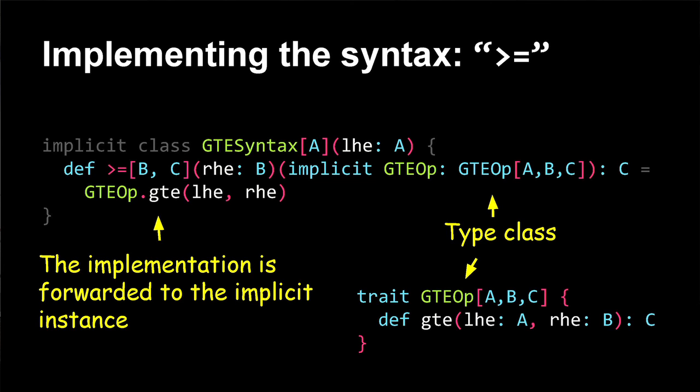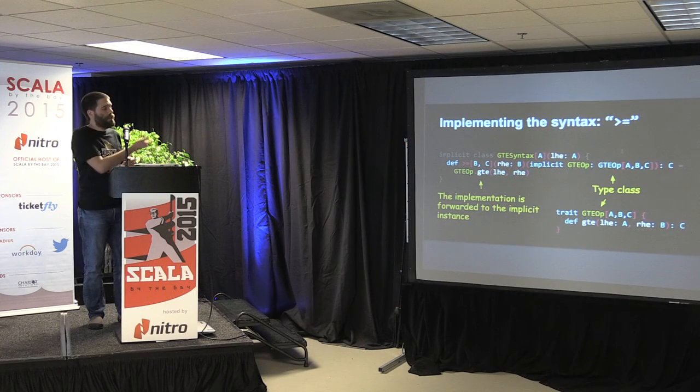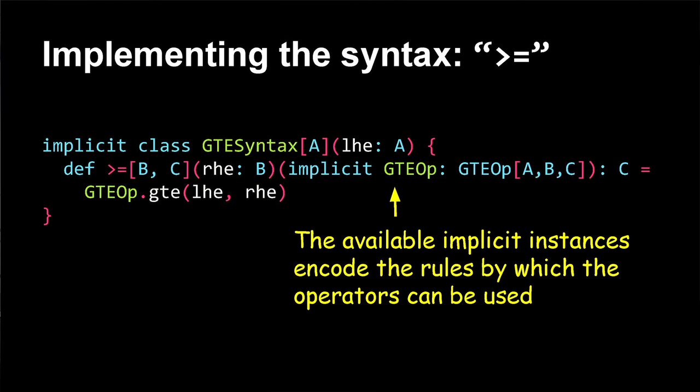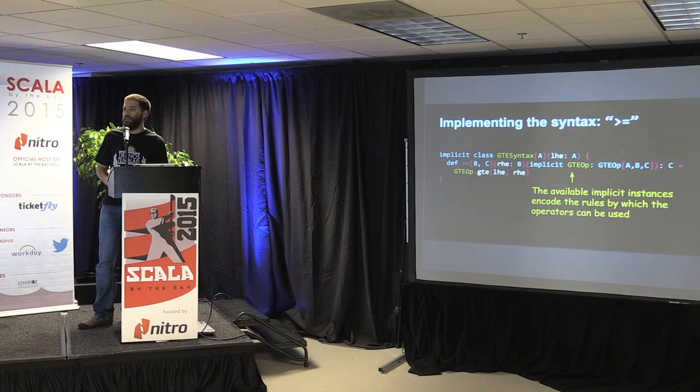Once we have this instance, we can forward the implementation of the greater than or equals symbolic operator to the gte method in this instance. Now, with this machinery, we can have the greater than or equals operator on every combination of types for which we have an instance of this type class. So we are changing our problem to define the right instances and their priority.